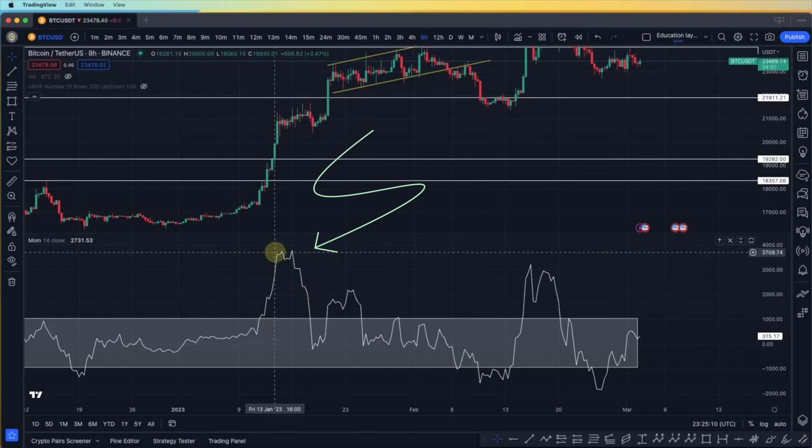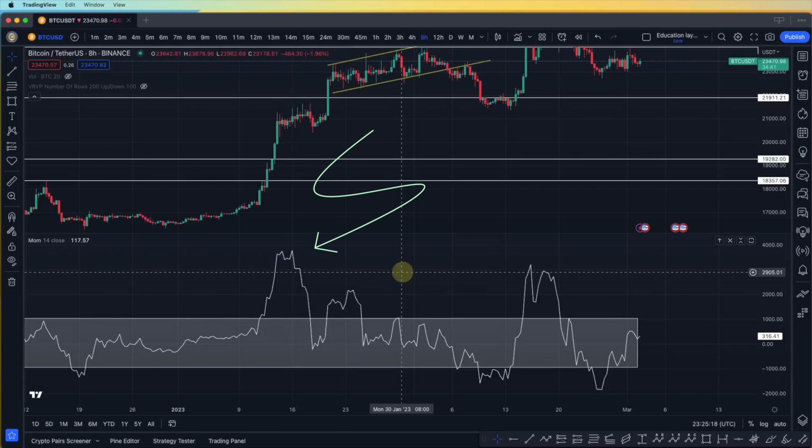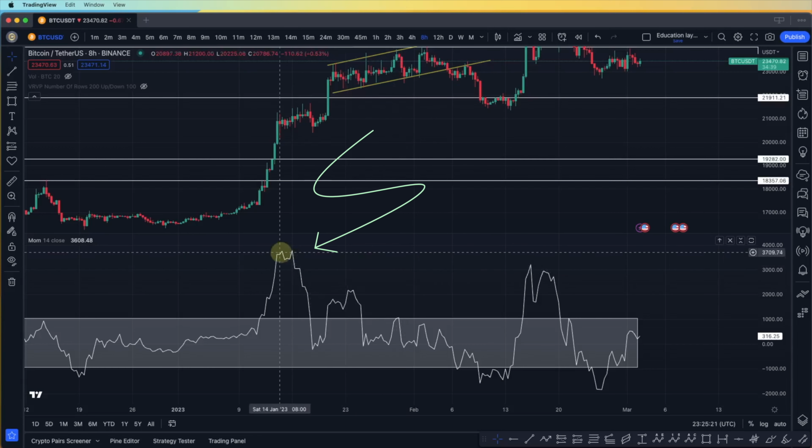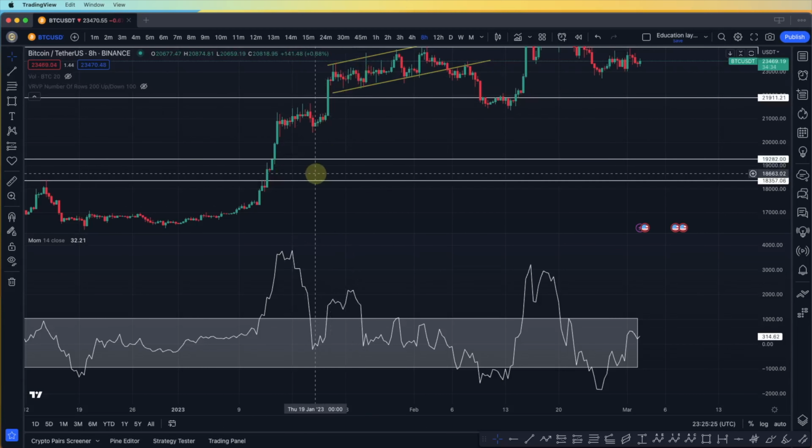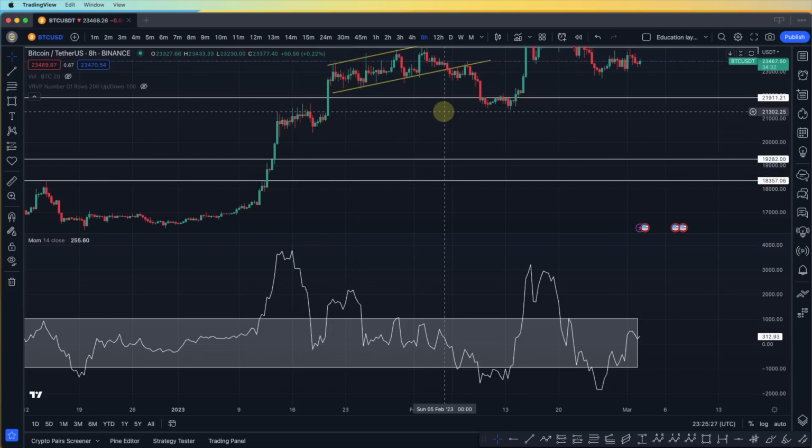But on the momentum, we make it to 3700. That tells us something. It tells us a potential reversal is happening around this area after we get a confirmation.